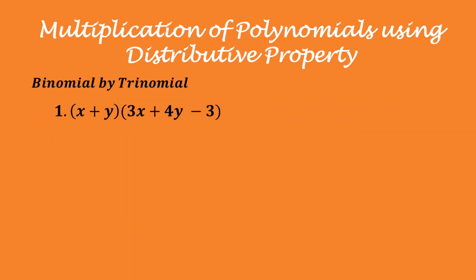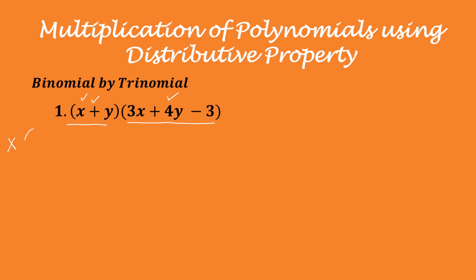Okay, let's proceed to this next example. This time, we have a binomial set times a trinomial set. Question: can the distributive property still be applied in getting the product? Yes, so we have to do it this way. The first term in the first set is x.